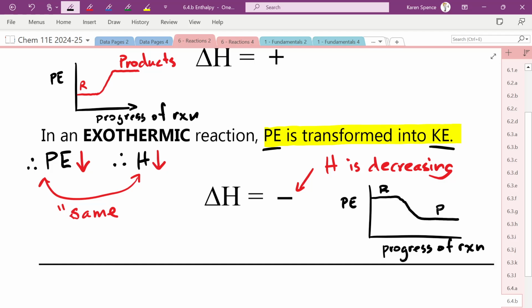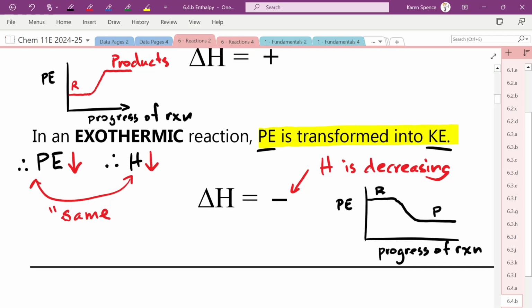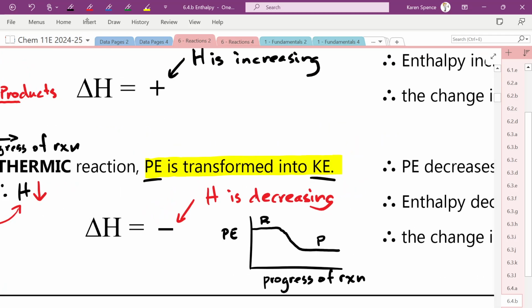Now, if we wanted to label the change in enthalpy on this graph, I would put a dashed line across here so that I know where I'm starting and I know where I'm finishing.